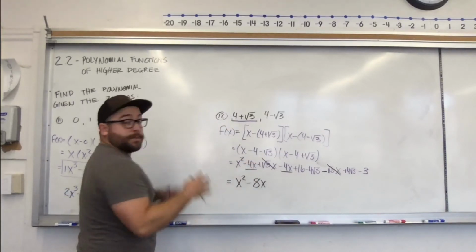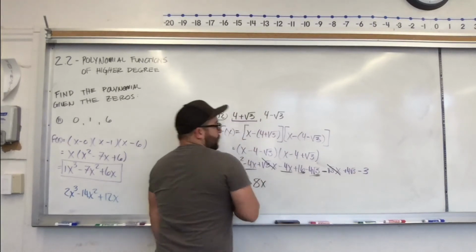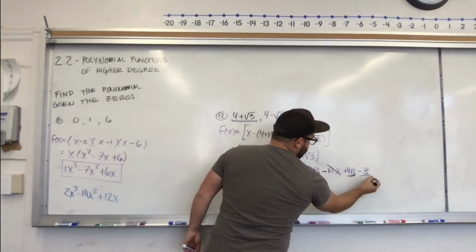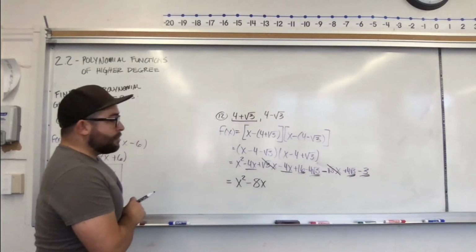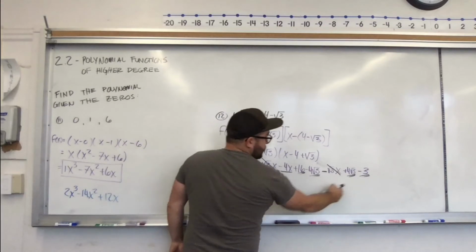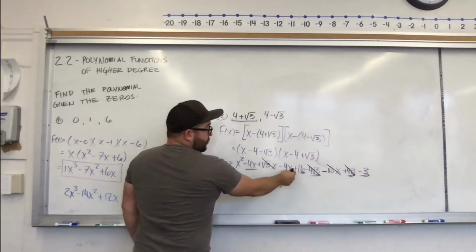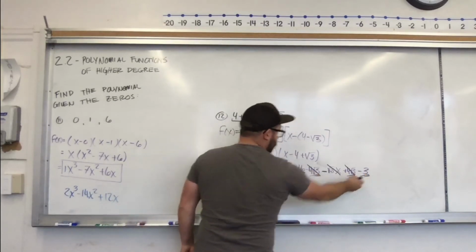And we're working our way through. Now we just want the constant terms. So we got the 16, negative 4 root 3, another 4 root 3, and a minus 3. But just like with this other square root of 3, we see these two guys are just opposites, so they cancel out, leaving us with the 16 minus 3.